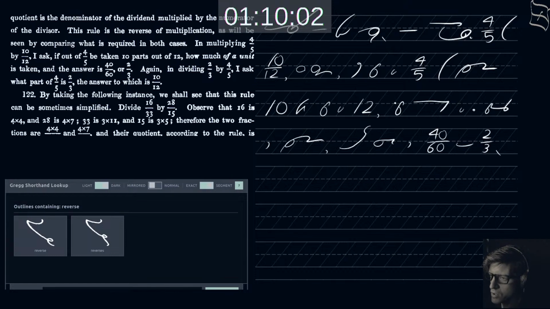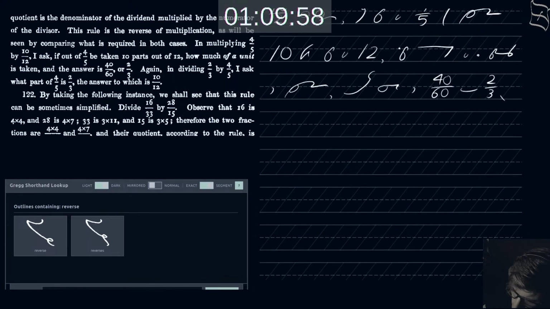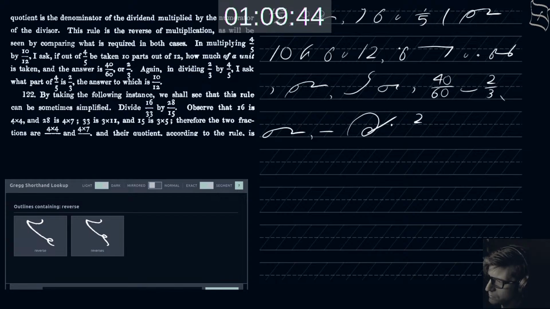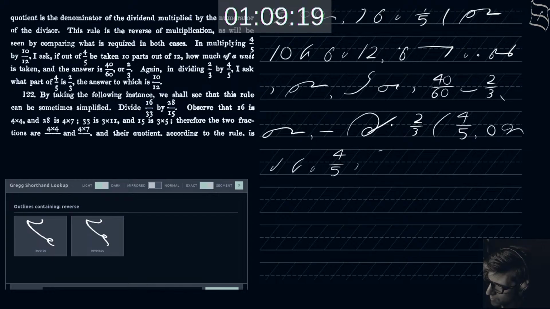Again, in dividing 2 over 3 by 4 over 5, I ask, what part of 4 over 5 is 2 over 3? The answer to which is 10 over 12.